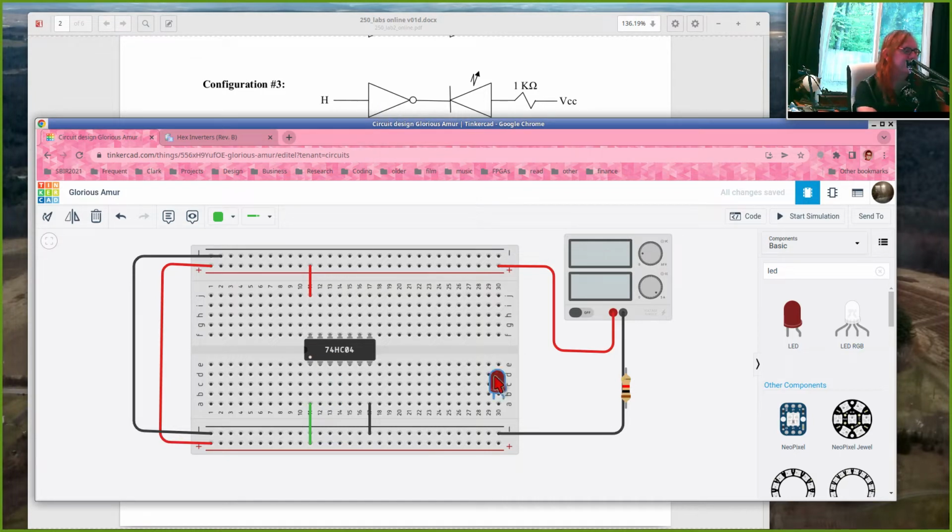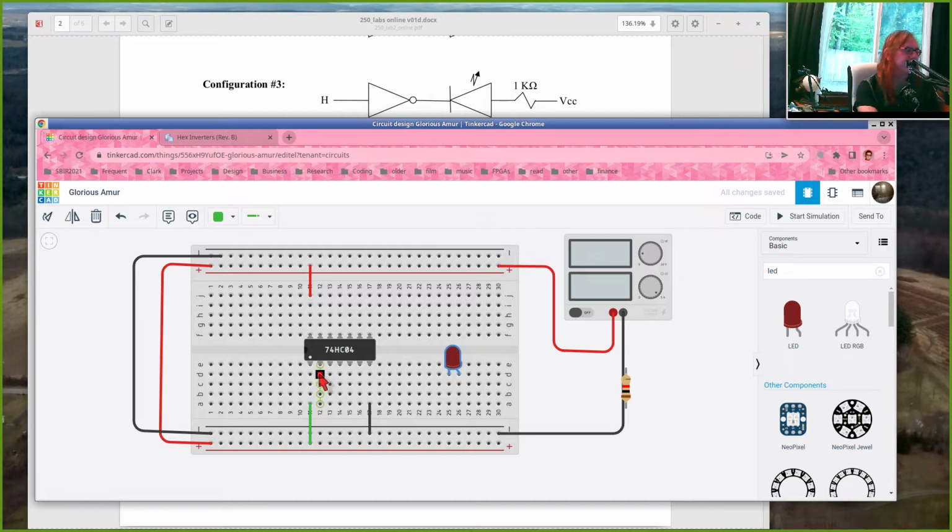These chips are a little tricky to work with because they take up 7 sets of columns here and 7 sets of columns here, and you're not allowed to do anything with these columns unless you're trying to connect to one of these 14 pins. So even though I want pin 2 connected to the cathode of my LED, I can't just put my LED right here.